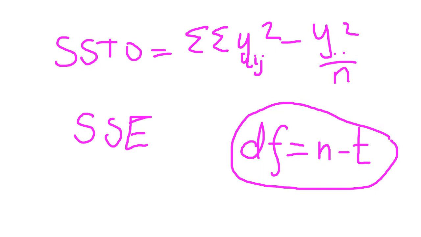No, I want to ask a question. Okay. So can you please explain this part there, double summation, SSTO equals double summation y of ij squared, that example.